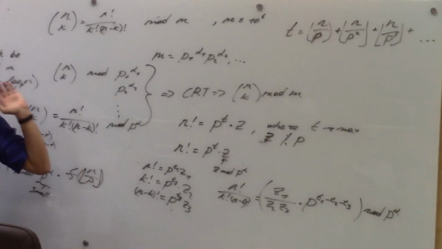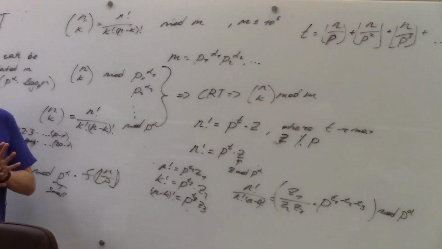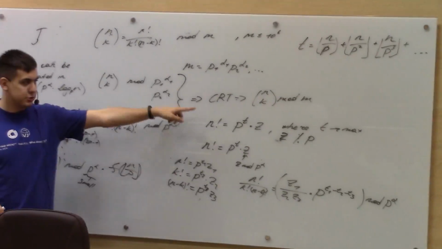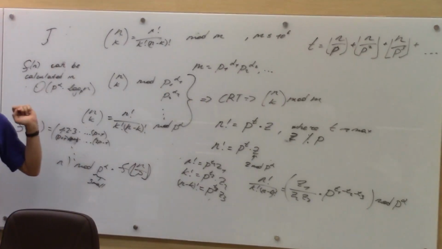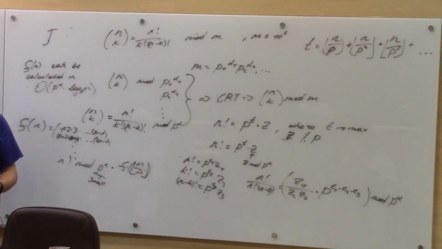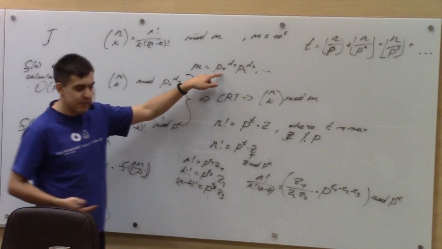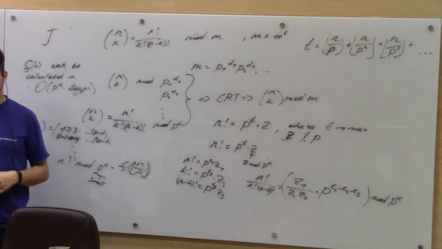So this is the final result. This is how you calculate n choose k modulo prime power, and then you can solve the Chinese remainder theorem modulo all prime powers in the factorization of m to get the final result.